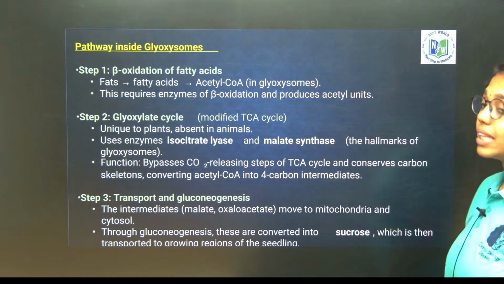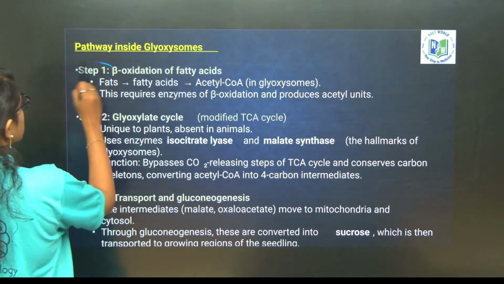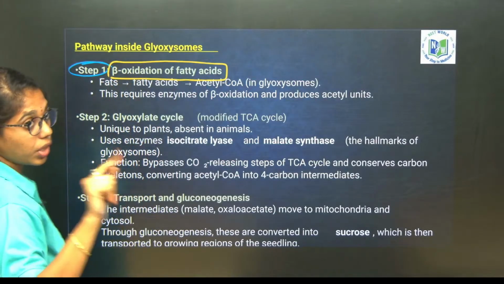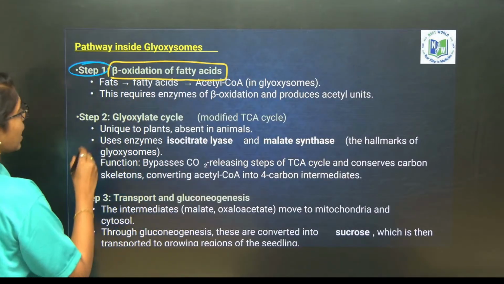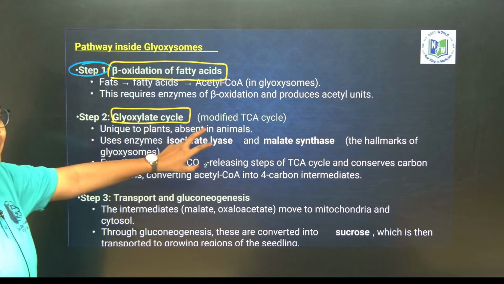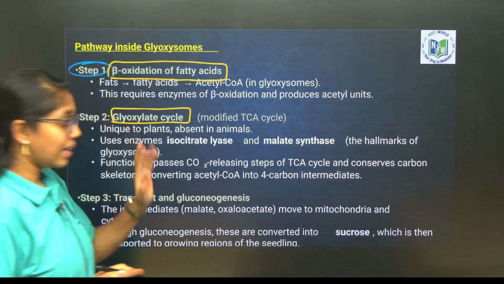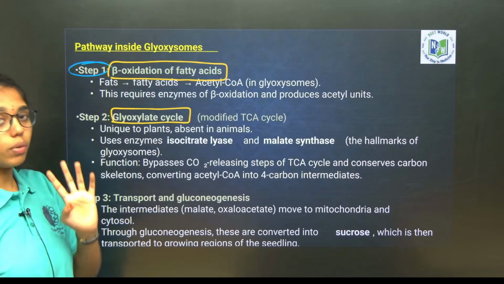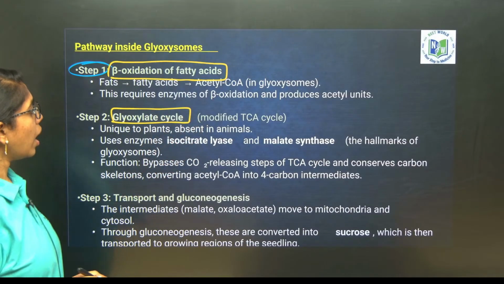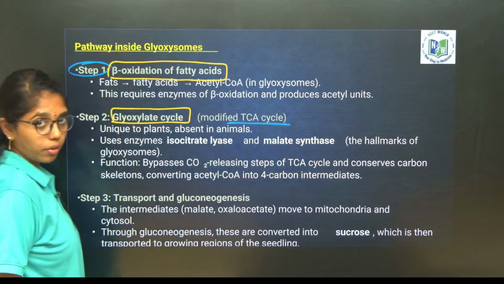So, here if you see, there are three major steps that are activated in glyoxysomes. Look into the first step. First step is what? Beta oxidation of fatty acids. Second step is the glyoxylate cycle, which is a modified TCA cycle. Amongst the intermediates of the TCA cycle only, there will be little modification utilizing two enzymes, and the glyoxylate cycle will be operated with two enzymes utilizing the respiratory intermediates of the TCA cycle.